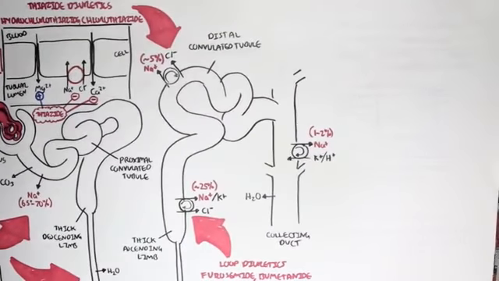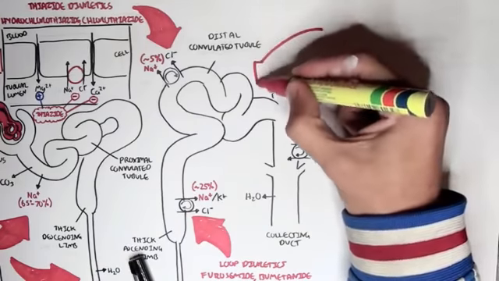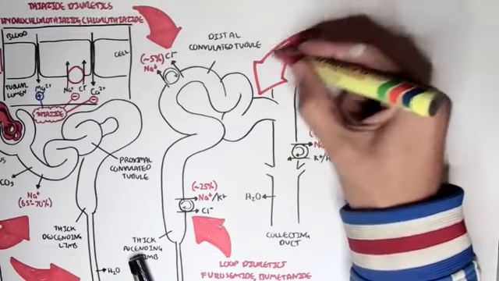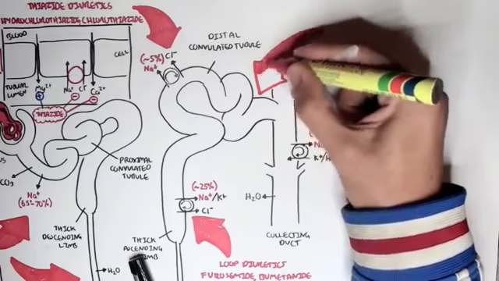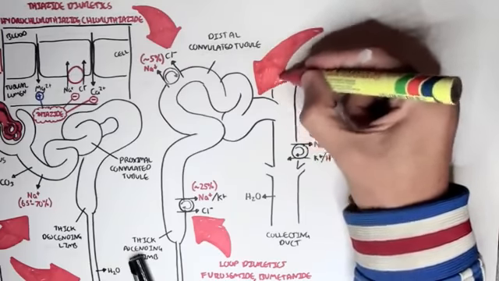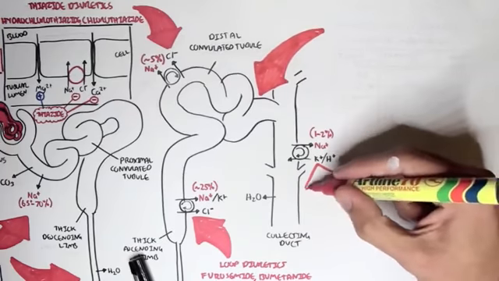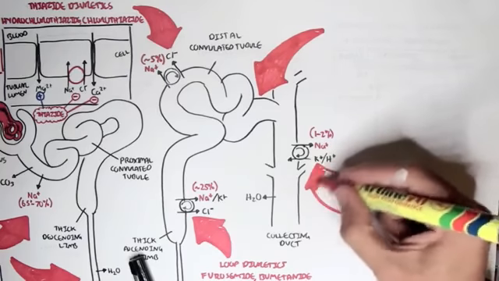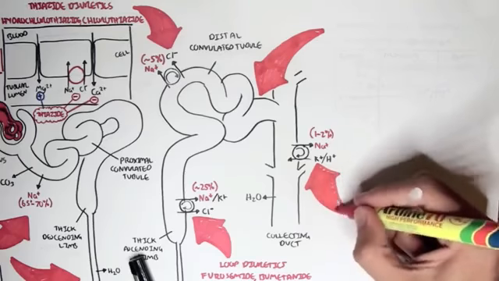The fourth major type of diuretics are the potassium-sparing diuretics, and there are two classes of these, you can say, and these work in the distal convoluted tubules, the very end of it, as well as the collecting ducts. Their major goal is to decrease the reabsorption of sodium, but also prevent the excretion of potassium, hence the name potassium-sparing diuretics.